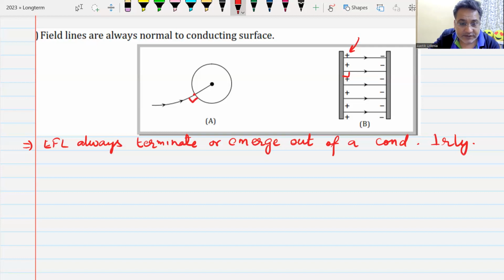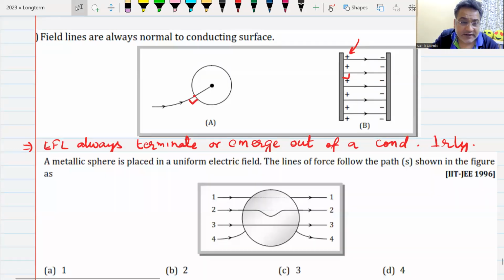For example, just to illustrate this point, take this question from the first IIT that I gave. A metallic sphere is placed in a uniform electric field.